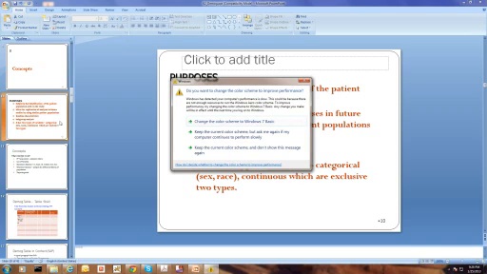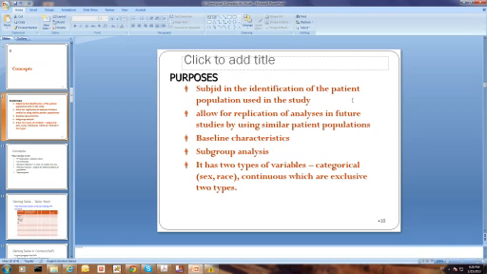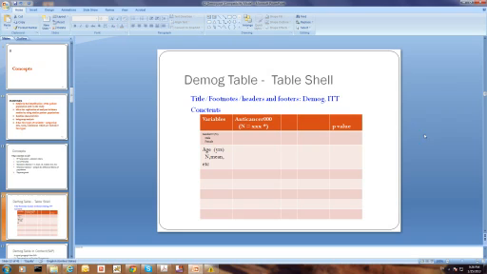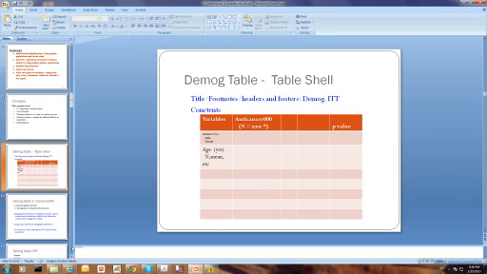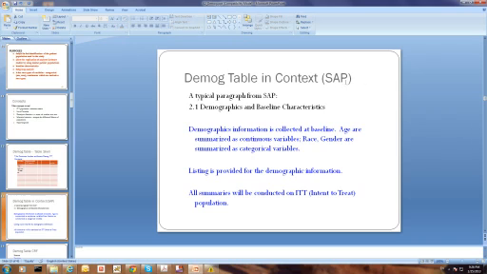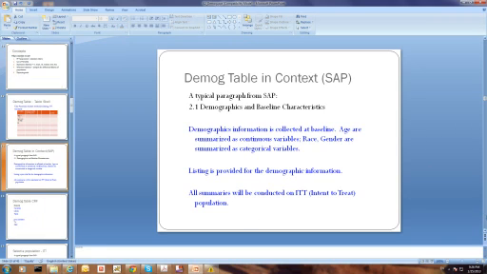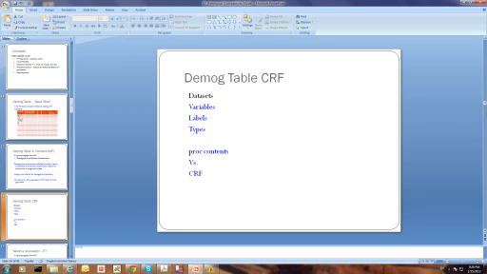Well, the major concepts for making this table we can learn from the table shell, and we can also learn from the SAP as well as from the CRF.